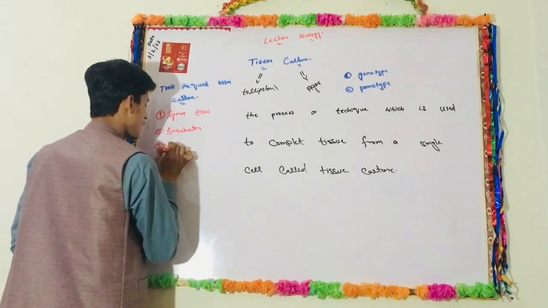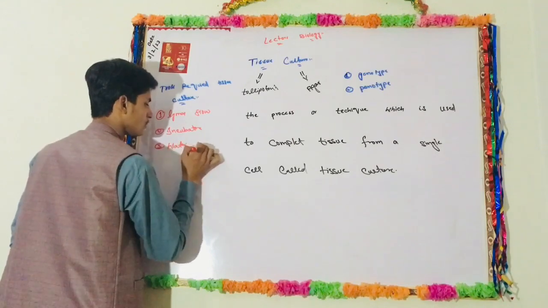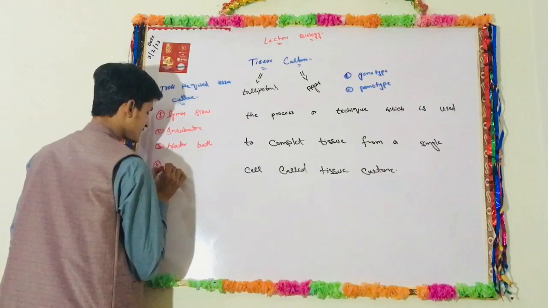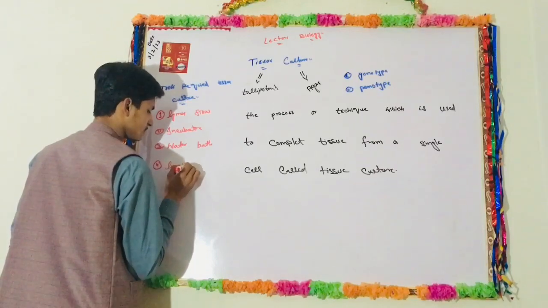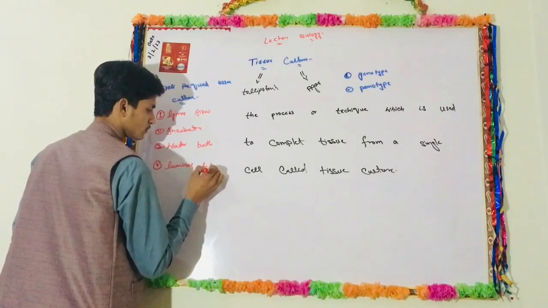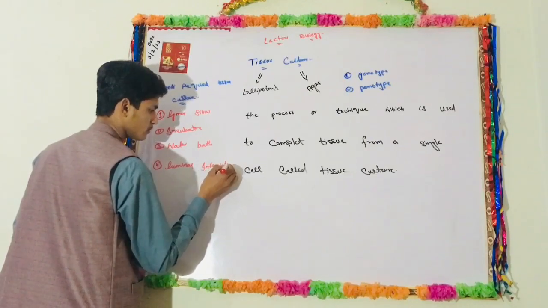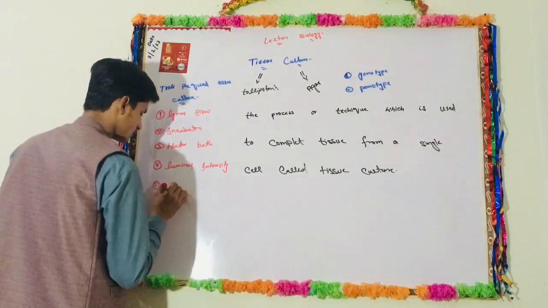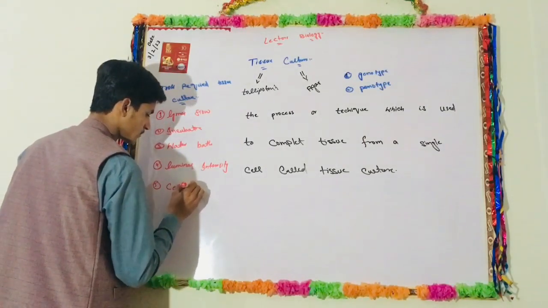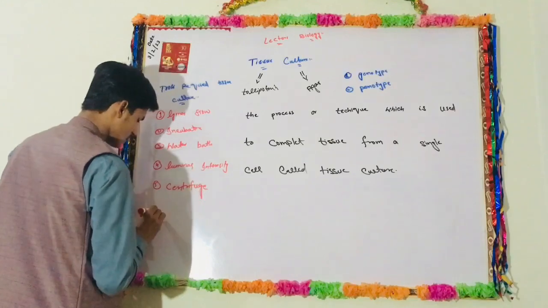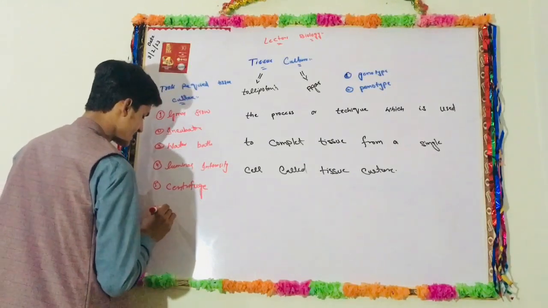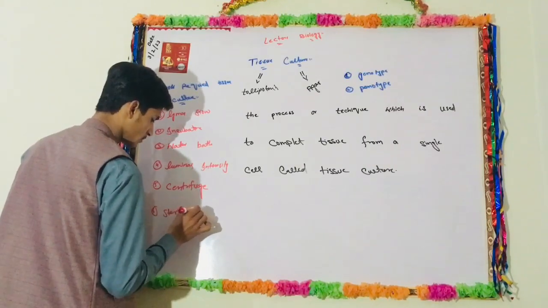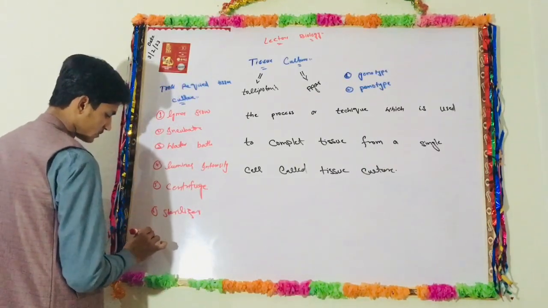The third one is water bath. The fourth one is luminous intensity. The fifth one is centrifuge. The sixth one is sterilizer. Temperature.